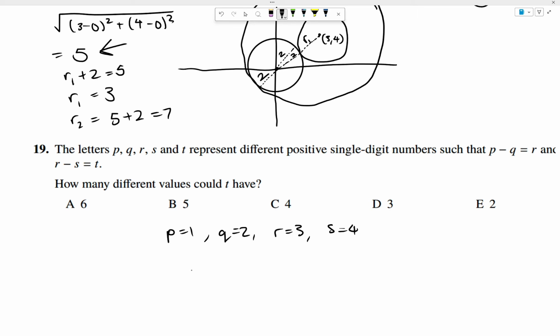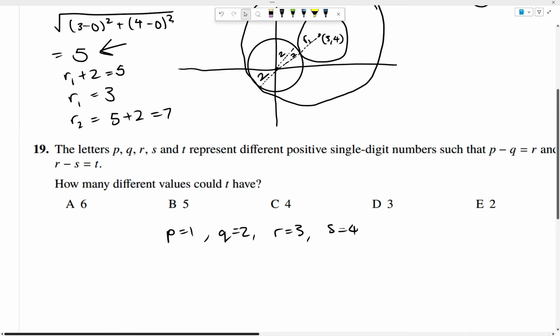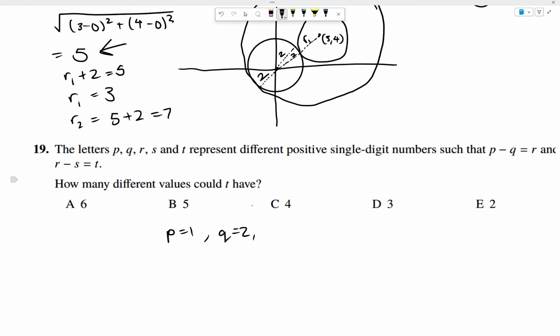So this would give, oh sorry, P minus Q is equal to R, so this isn't going to work. Let's say 3 and 1. So R is equal to 2, and then S is something.